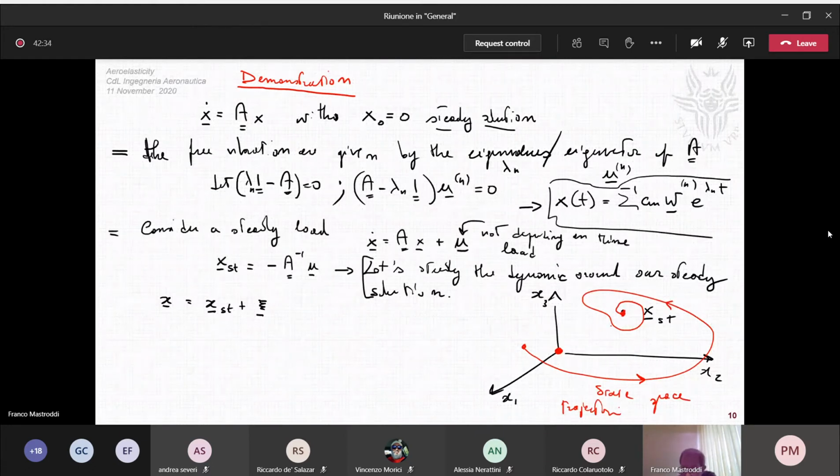What about the dynamic around the new steady solution, which means the aircraft with an angle of attack in our case, okay?